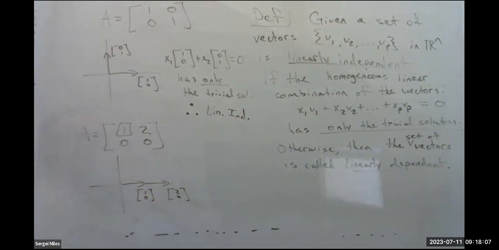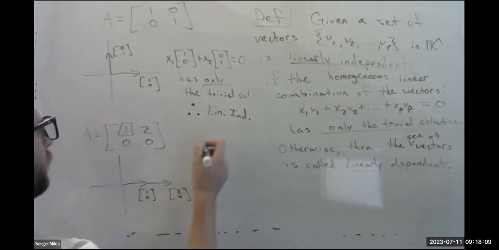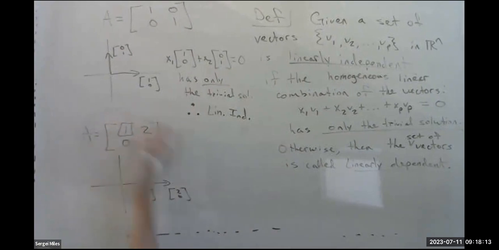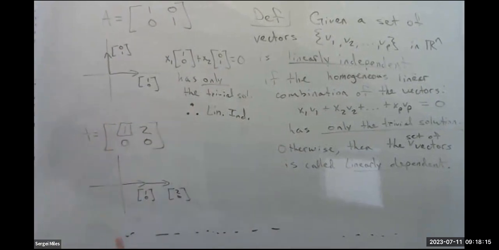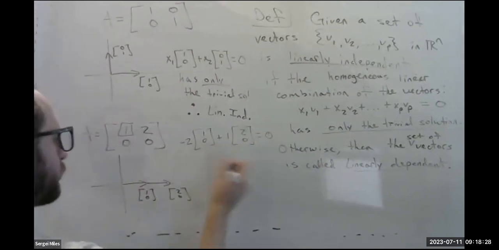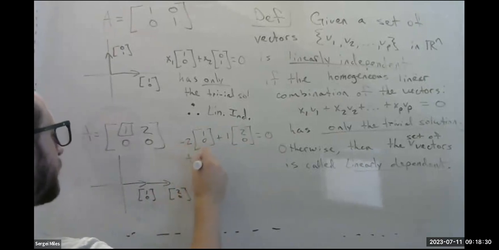Are these now dependent? Does this have a non-trivial solution? Well, yeah, you can pretty quickly see if I take 2 times 2, 0, I can get the 0 vector, right? So a non-trivial solution exists.